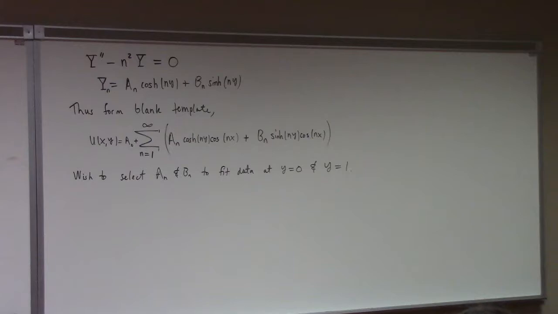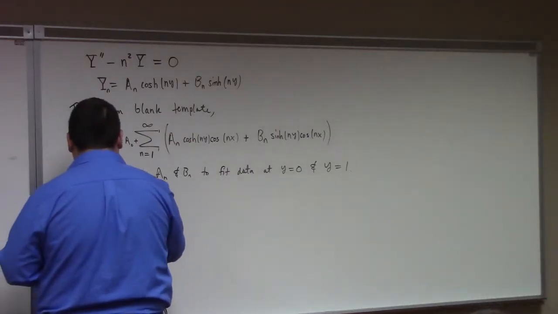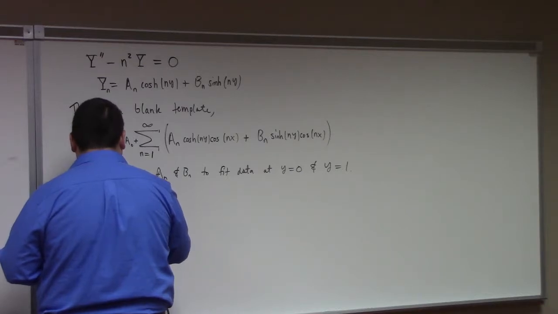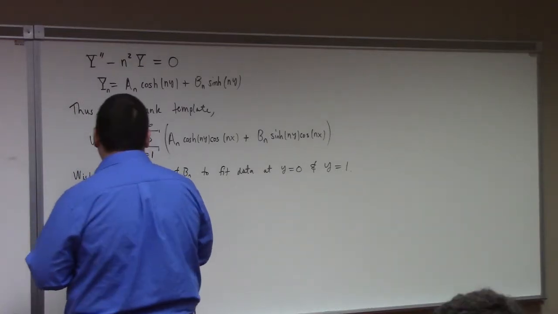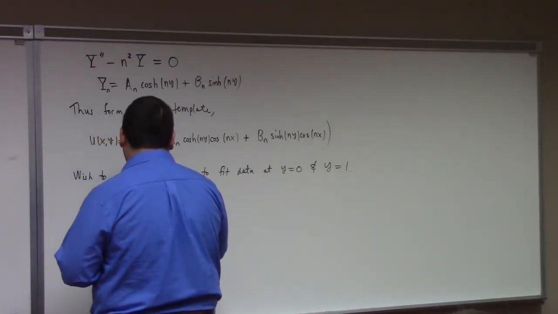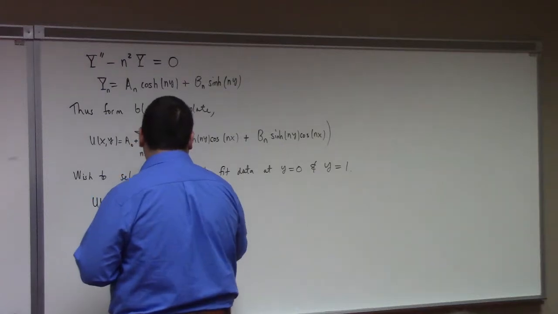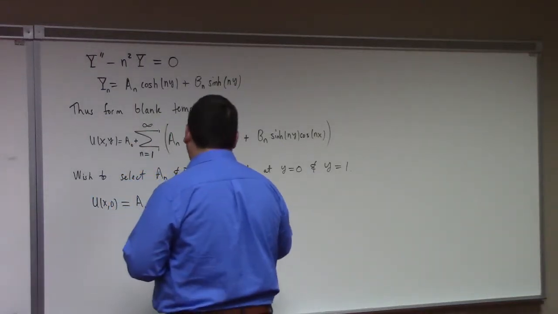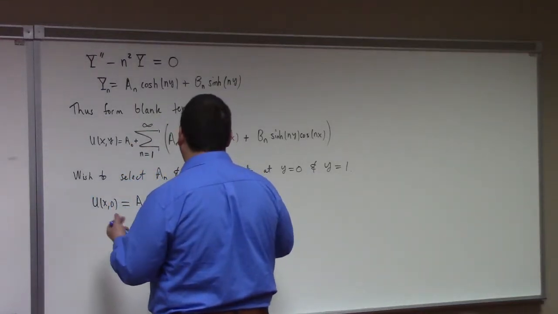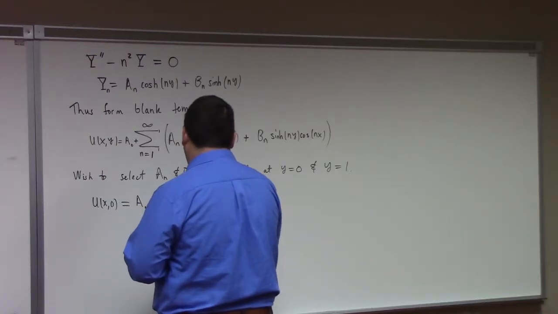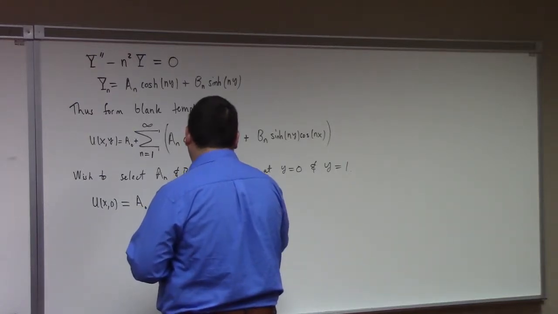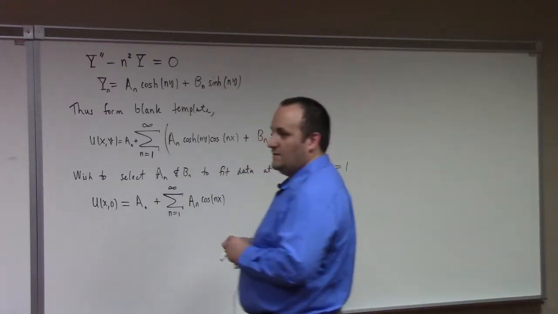Let's look at what is u of x, 0. What's that give us? It gives me a sub naught, right? Plus the sum n equals 1 to infinity. We're plugging in y equals 0, right? So I get a sub n cosine nx. What's the sinh of 0?